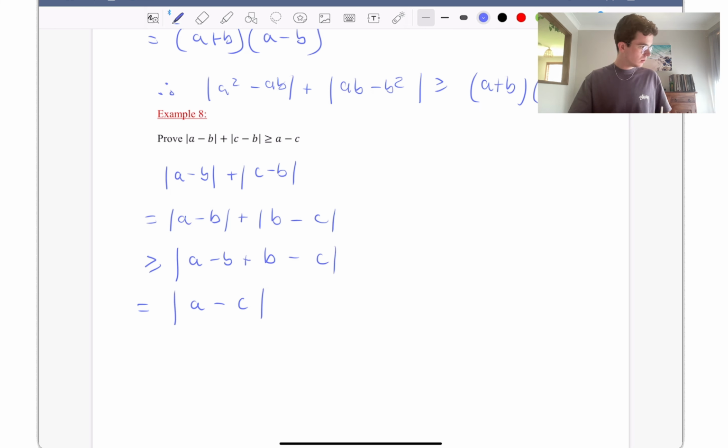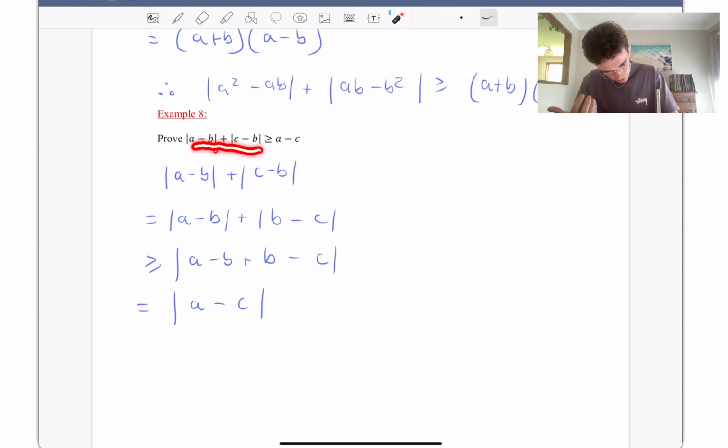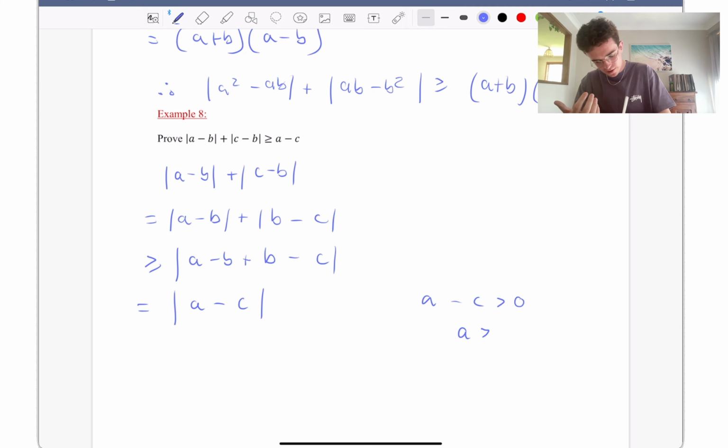Now, since the absolute value sends any negative number positive, this has to be positive, which means a minus c has to be greater than 0, which means a has to be greater than c. That's because you cannot take the absolute value and get a negative number.